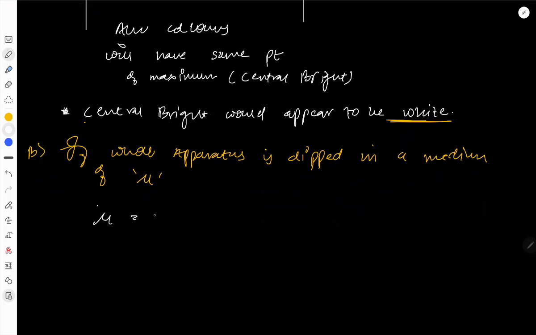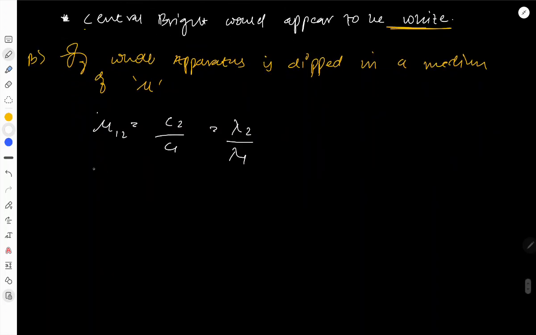Let us revise the formula for mu. The refractive index of 1 with respect to 2 is c2 by c1, which is equal to lambda 2 upon lambda 1. So if they have given mu, that is equal to lambda in air upon lambda in that medium.